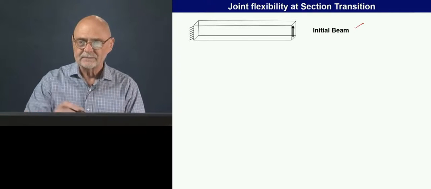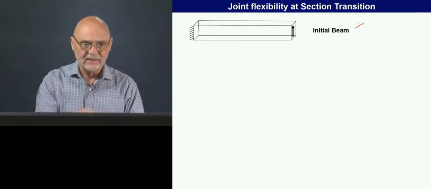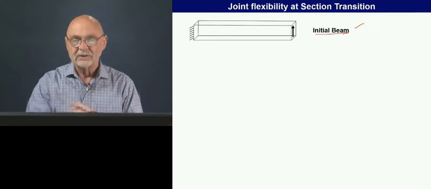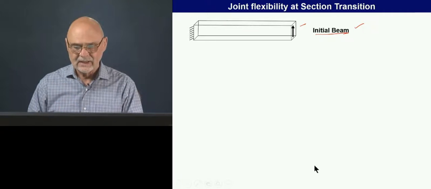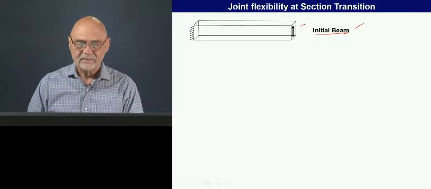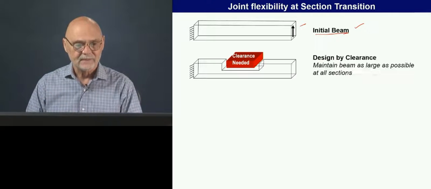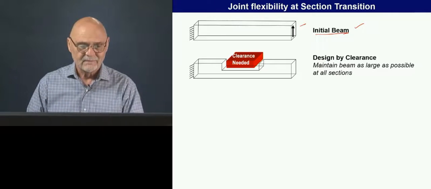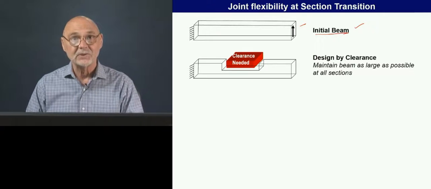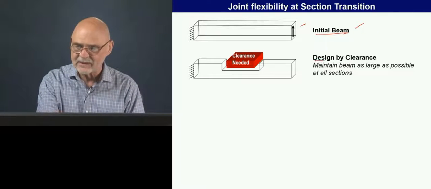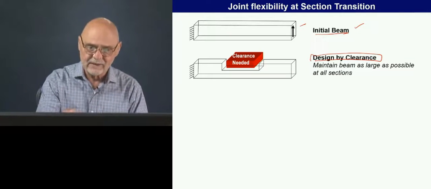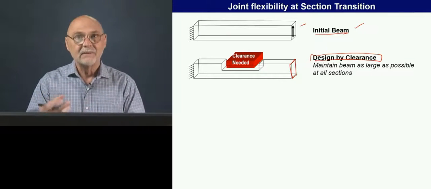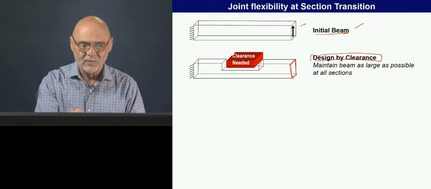So here is a simplified design of a cantilever beam. So this is the initial concept. So presumably we've sized this section in order to do what we want. But then someone says, well, we need a clearance. So here is a potential design where it's designed by clearance. Okay, thinking here is like, here I need a big section with a high moment of inertia.